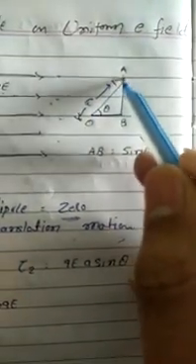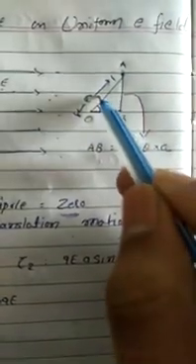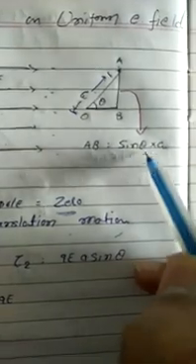Now suppose we consider this point O, this point A, and this point B. In the same way here, O, A and B, this distance is a, this angle we consider theta, so sin theta is equal to AB divided by a, so AB is equal to a sin theta.